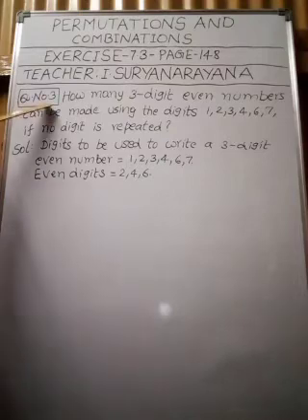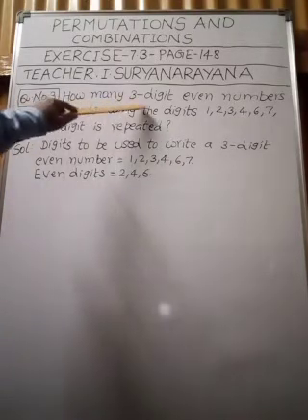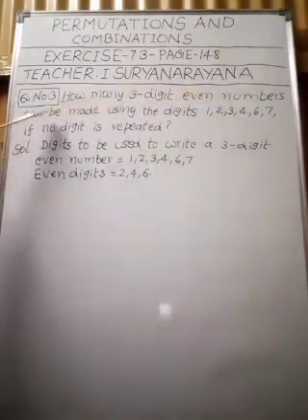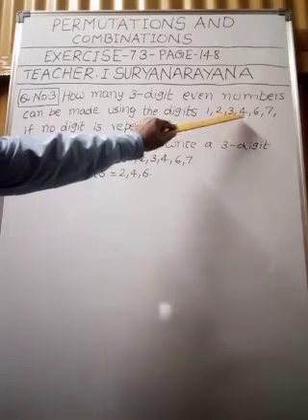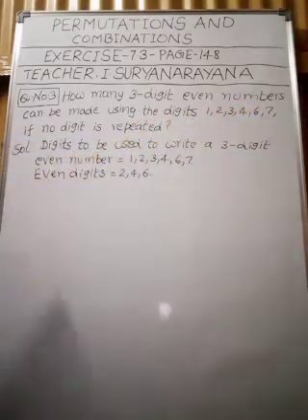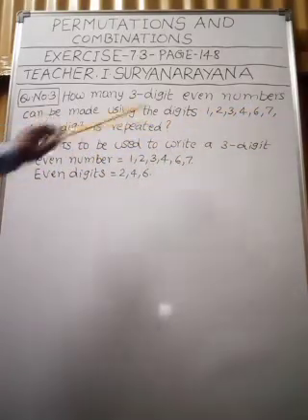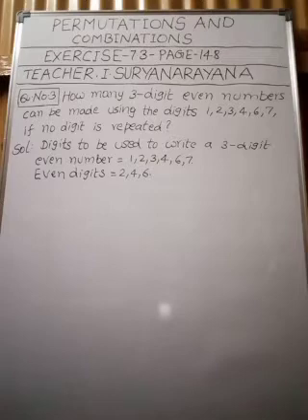Now come to the next question, that is the third question in the exercise. How many 3-digit even numbers can be made using the digits 1, 2, 3, 4, 6, 7 if no digit is repeated? Understood this question, my dear children?